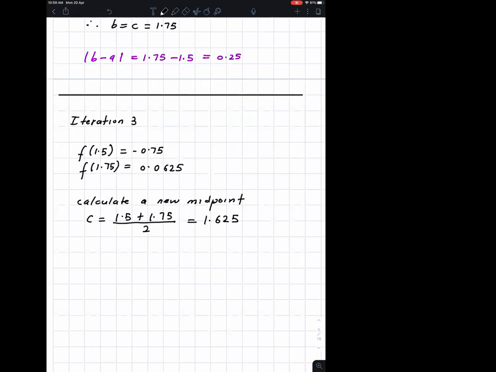Then you calculate the new midpoint, then go ahead and calculate the corresponding fx value or y value, same thing. 1.625.